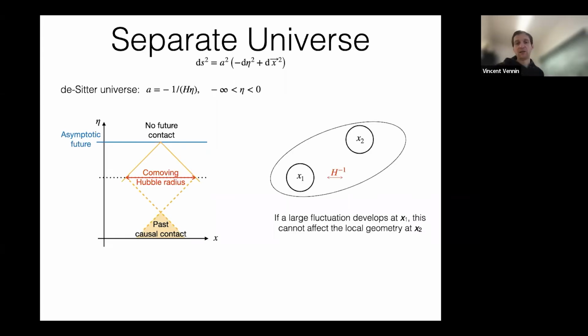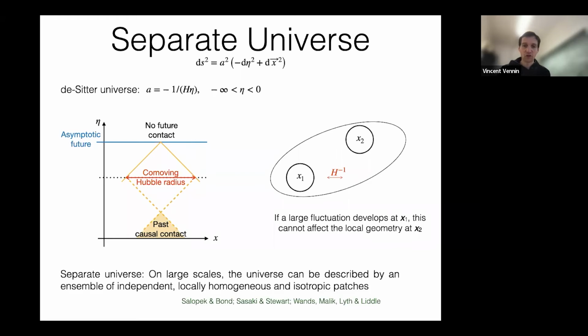But the idea is that because of that, if you consider cosmology at two locations, x1 and x2, which are distant by a distance larger than the Hubble radius, then what happens here cannot influence what happens there, right? So if a large quantum fluctuation, for instance, develops at x1, it has no consequence on the local geometry in the future of x2 because of this space-time structure.